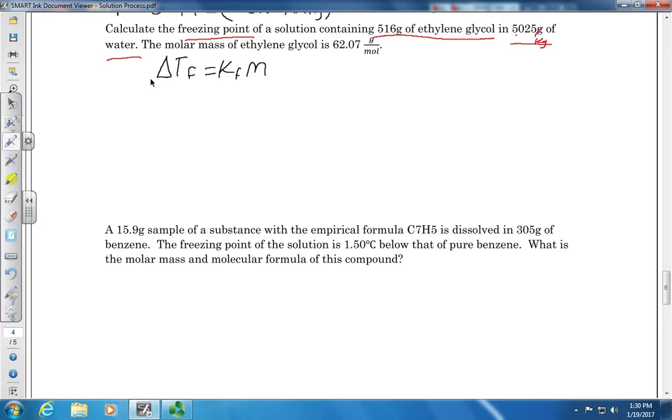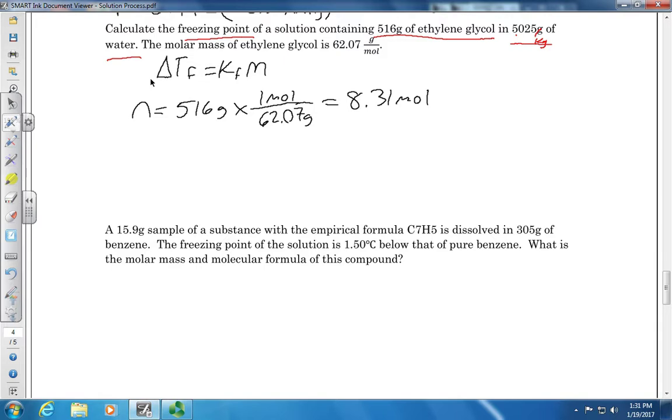So let's solve for moles of ethylene glycol. So N is going to equal 516 grams times 1 mole over 62.07 grams. And that'll get us the moles of ethylene glycol, 8.31 moles.